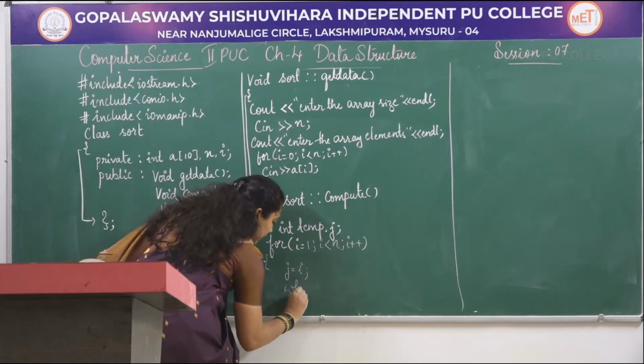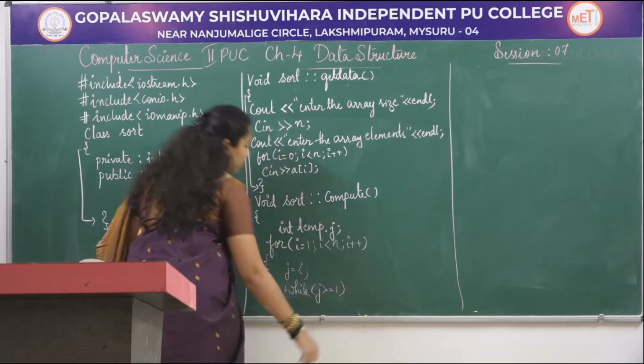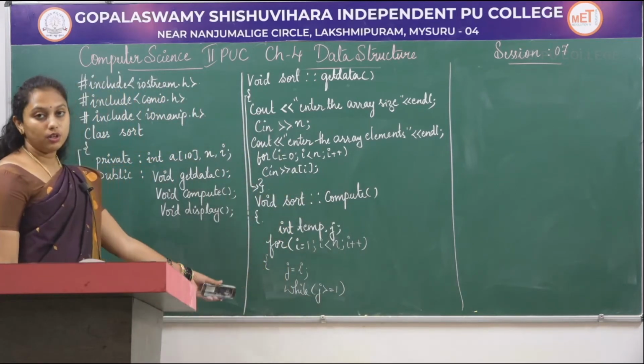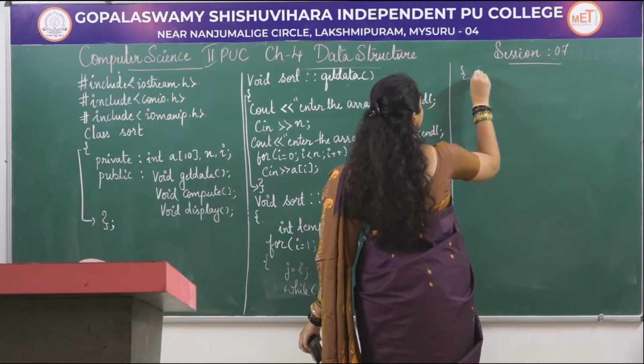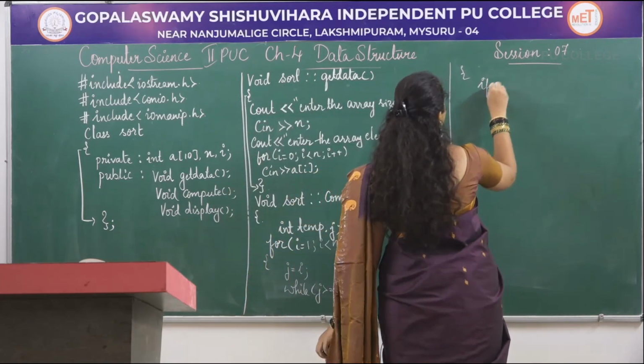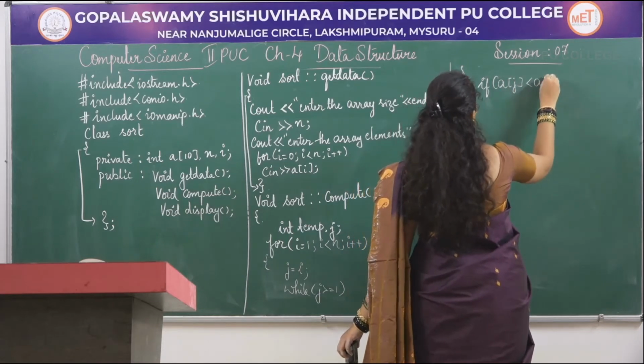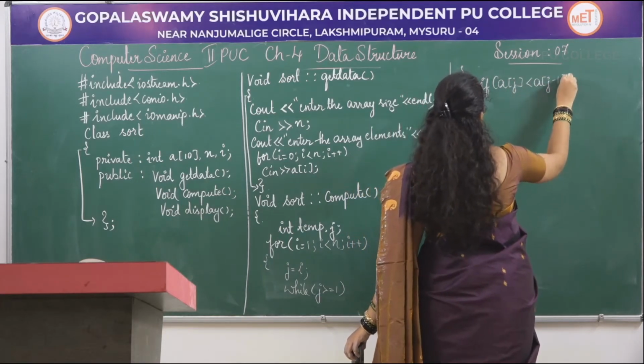I am checking the condition: while j is greater than or equal to 1. If the condition is true, I am going to compare the array elements, that is, if a of j is less than a of j minus 1.